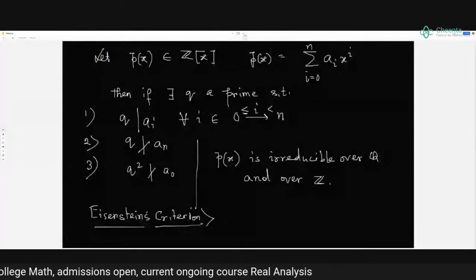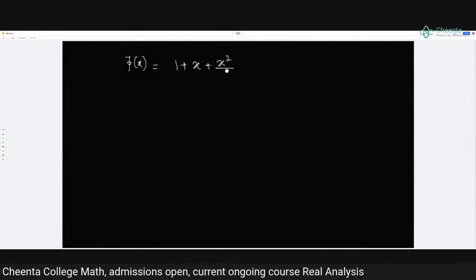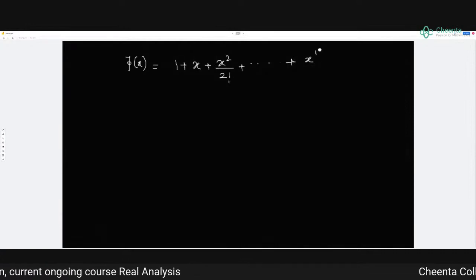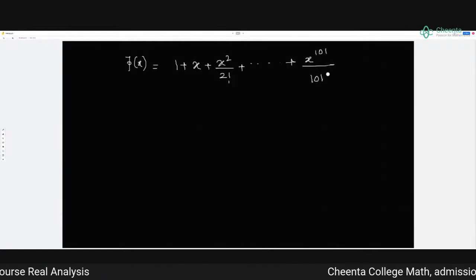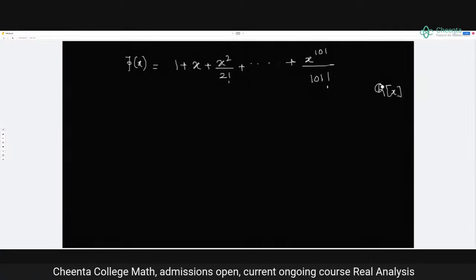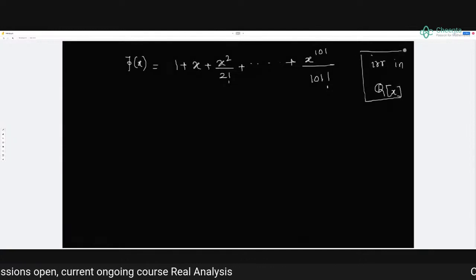The problem tells you that P(x) is 1 plus x square by 2 factorial plus dot dot dot till x to the power 101 by 101 factorial. Is this irreducible in Q[x]? That means irreducible over Q. This is something that we have to check.